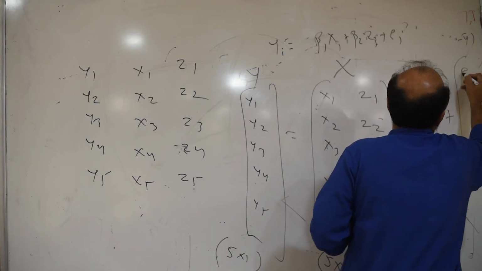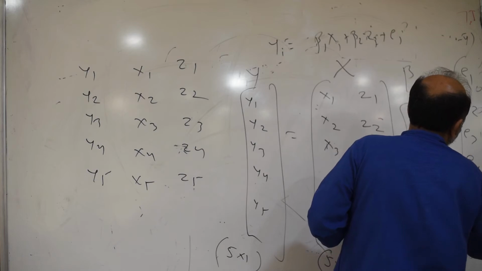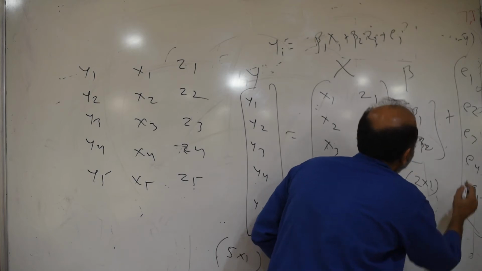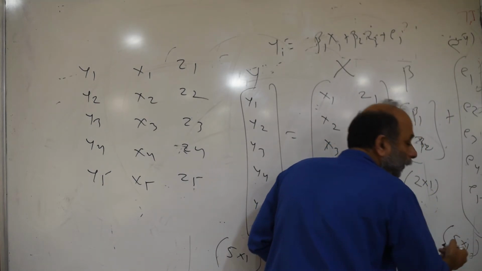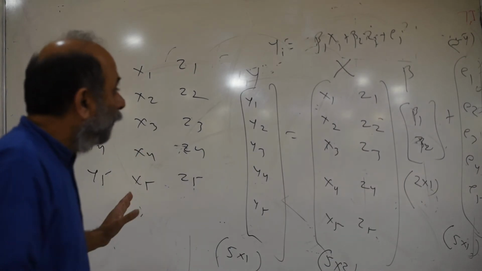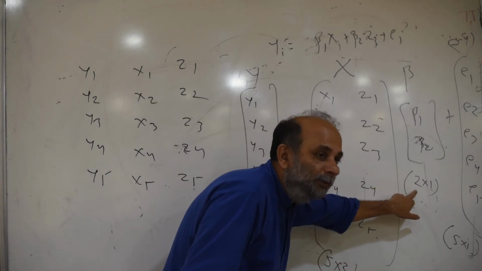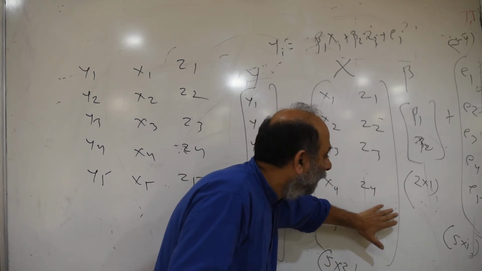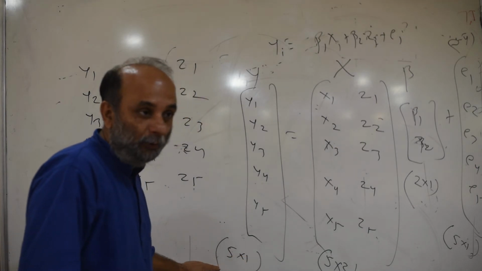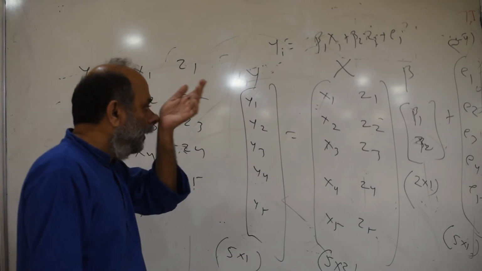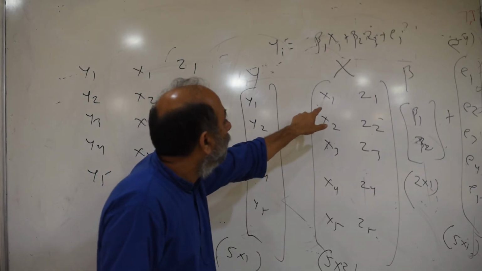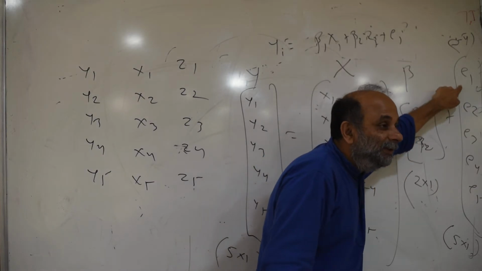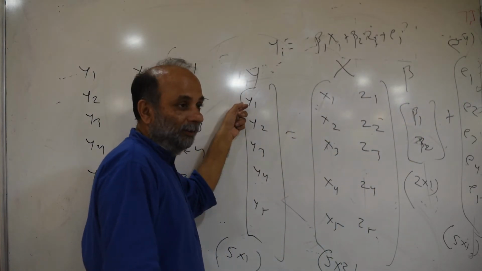Plus, if I write e1, e2, e3, e4, e5, my E matrix is 5 rows into 1 column. So if I multiply 5 rows into 2 columns by 2 rows into 1 column, what will I get? 5 into 1. I have 5 into 1 plus another 5 into 1, which gives 5 into 1. Now start multiplying. You get beta 1 x1 plus beta 2 z1 plus e1 is equal to y1.